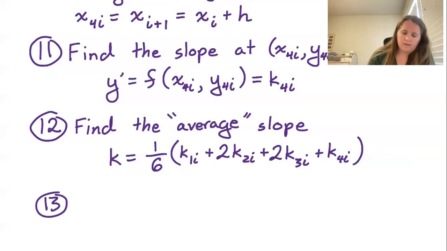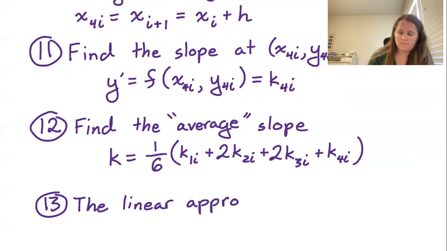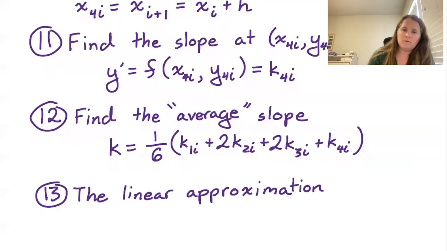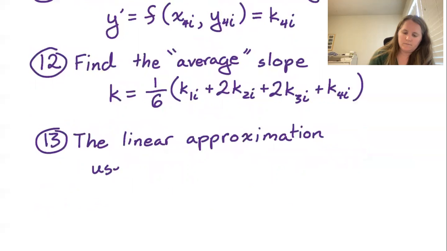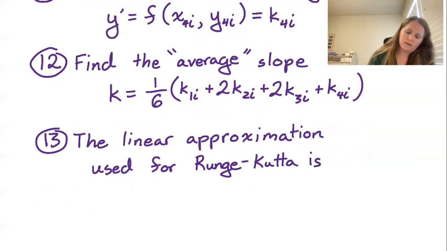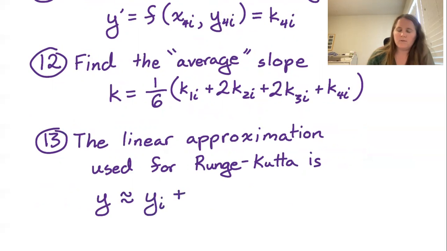Now, the linear approximation used for Runge-Kutta is y is approximately equal to yi plus k times x minus xi.